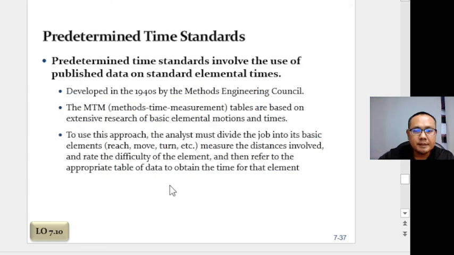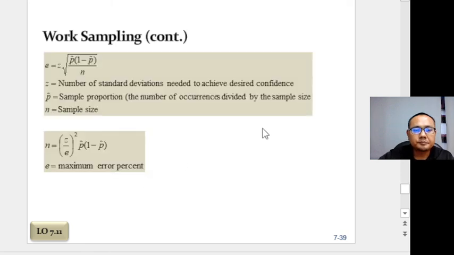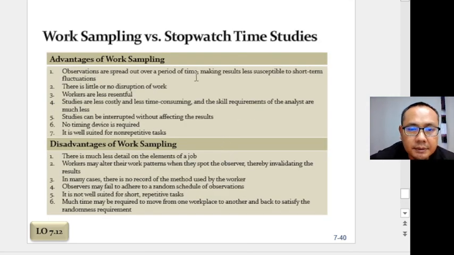And predetermined time standards. And then work sampling. Work sampling is a technique for estimating the proportion of time. This is an example for calculation, and some advantages and disadvantages of work sampling.